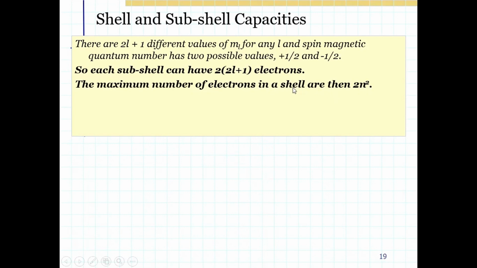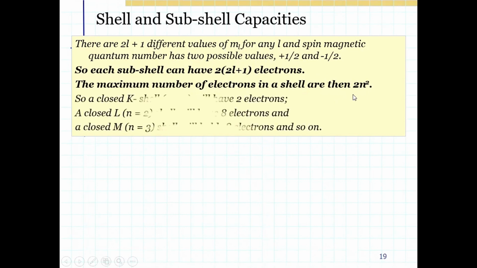The shell is divided due to the l splitting and the further splitting due to the possible choices of the spin quantum number, and the total number of states is n squared. So the closed K shell will have 2 electrons.